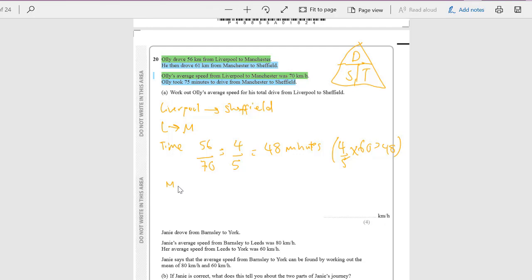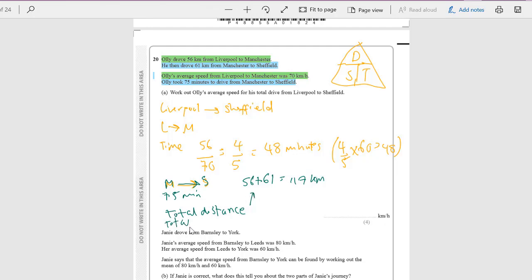And then so M to S, probably use a different color here. So M to S, so it took him 75 minutes, and so the total distance was 56 plus 61, and then that's 117 kilometers. And then the total time, so we'll do that.